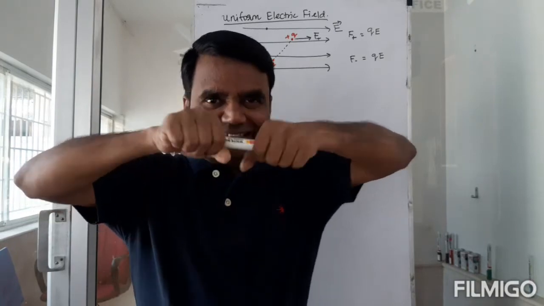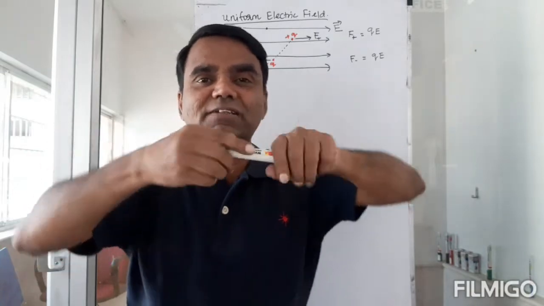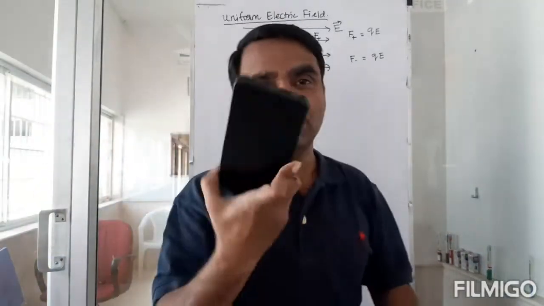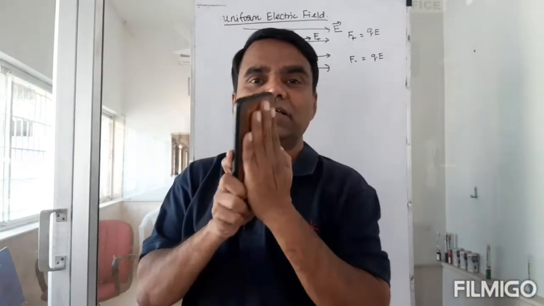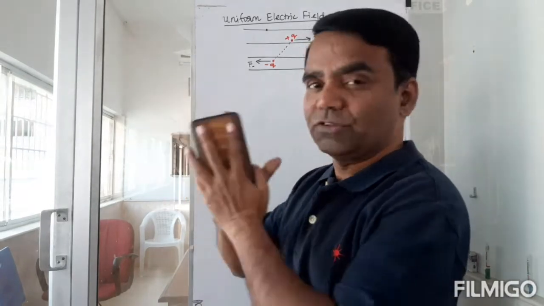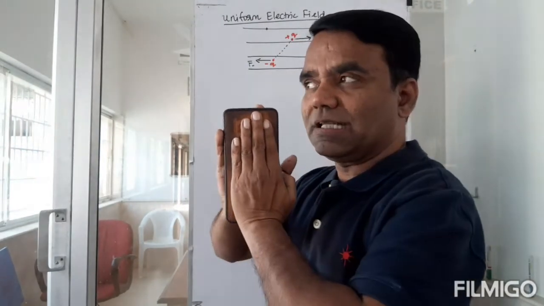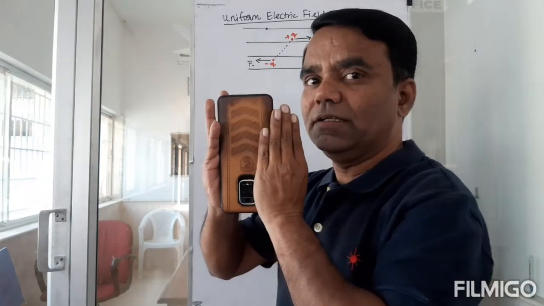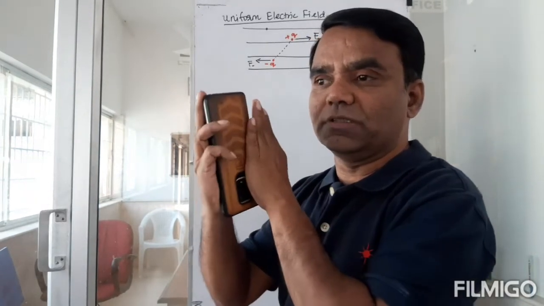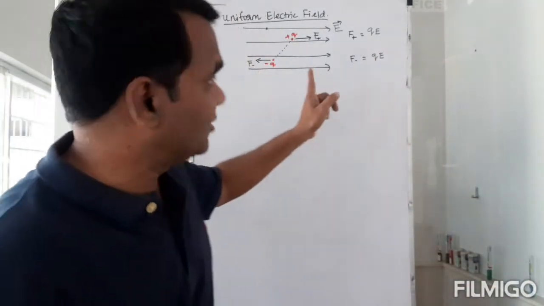Because the two forces act along the same line, there will be no rotation. For example, if I take this foam, I push it this way, there is a force I apply in this direction, there is a force I apply in this direction, there is no rotation, I find. But if you move slightly away, you see, I push it this way, then there is rotation. So the same thing is what I'm talking about here.